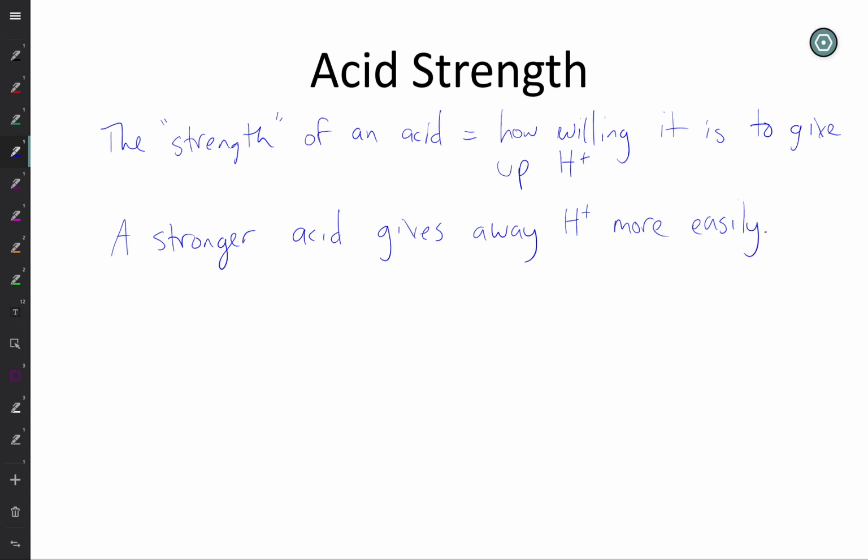In reality, usually what happens in a solution is only a percentage of the molecules will actually give up their H plus. And so for a stronger acid, that percentage is much higher. For a weaker acid, the percentage that gives up H plus is much lower.